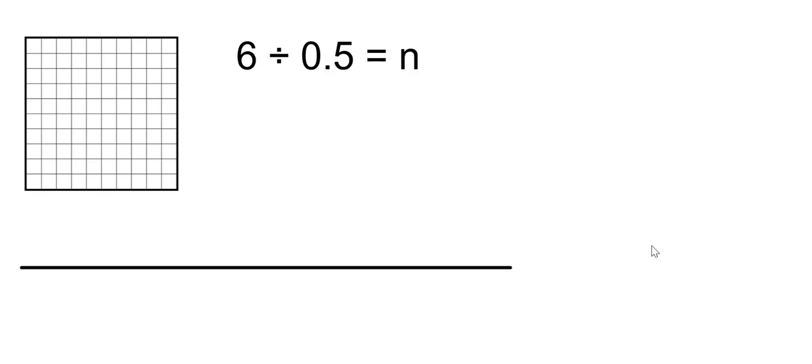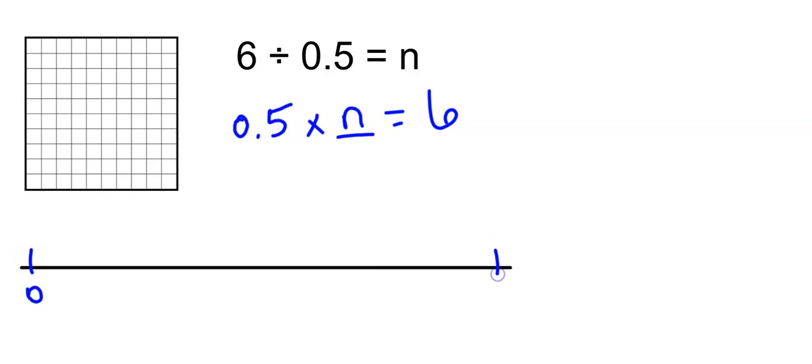So let's look at this as related to multiplication. So 5/10 times n, or unknown, equals 6. So I'm going to take my number line and partition it from 0 to 6.